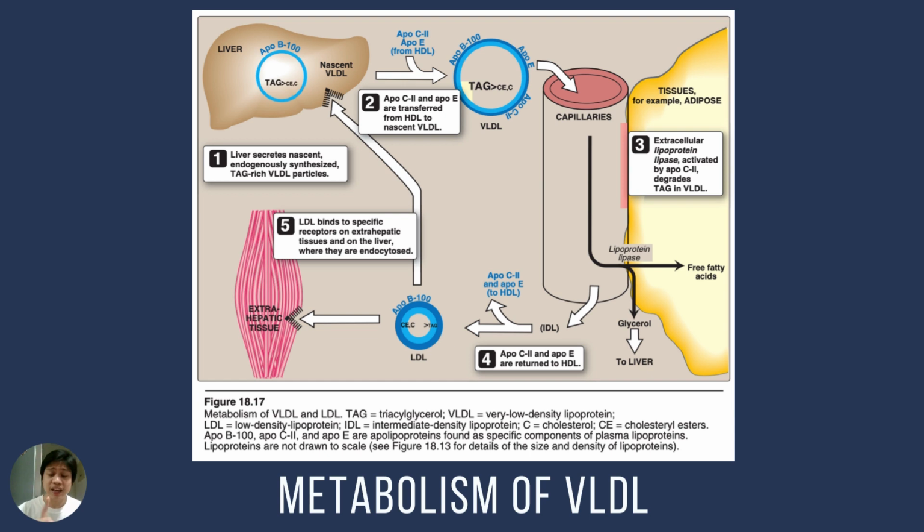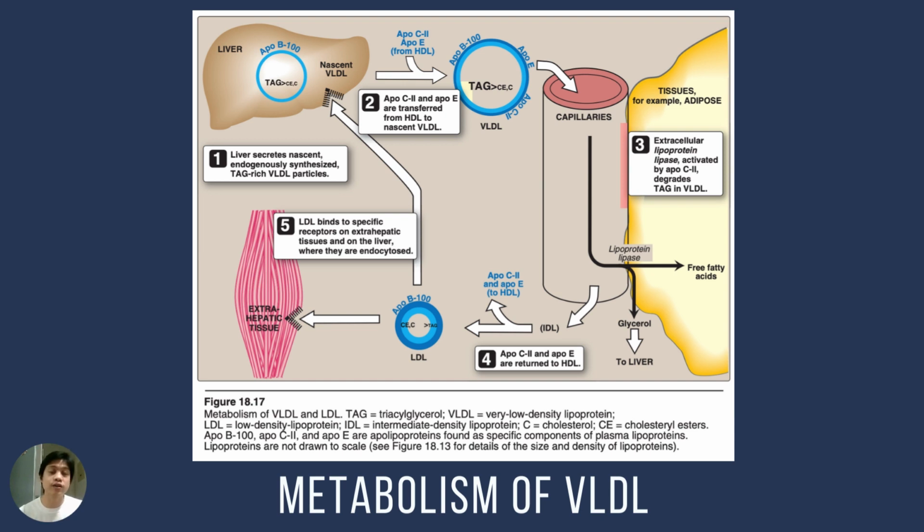So like your chylomicron, the initial VLDL does not contain ApoC2 and ApoE. So the VLDL will have to first receive the ApoC2 and ApoE from HDL to become a mature VLDL.